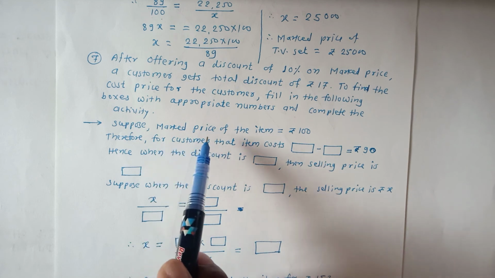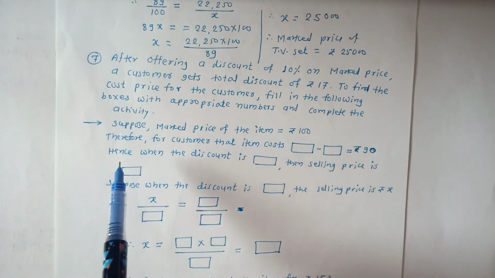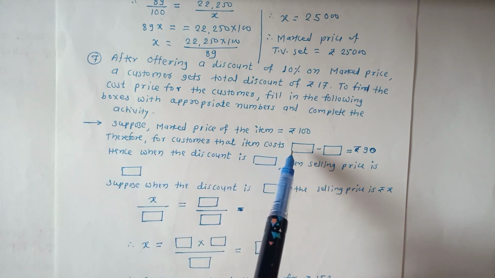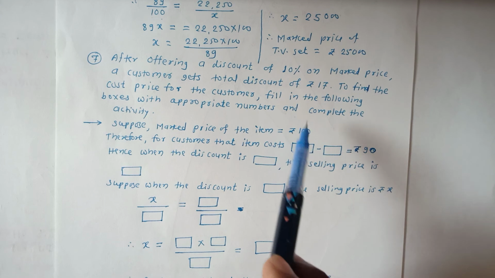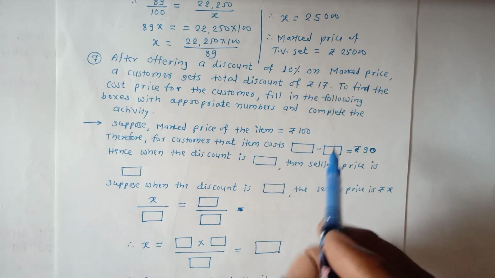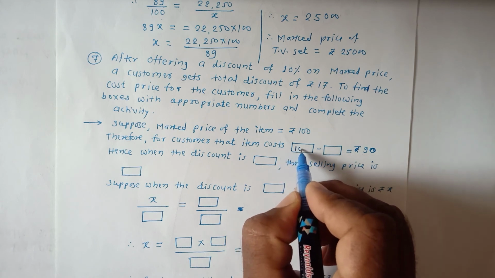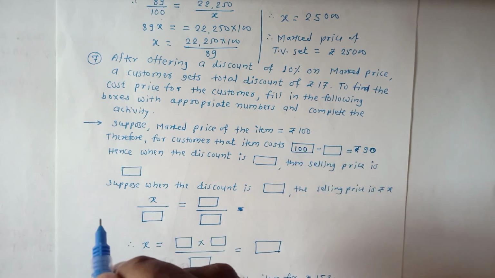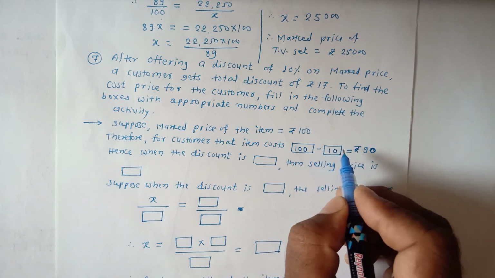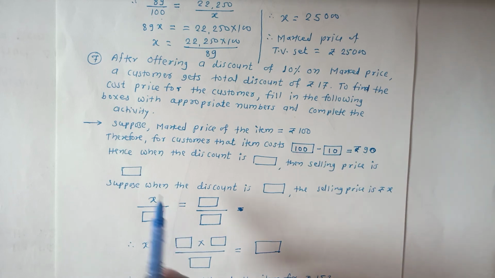Suppose mark price of the item is 100. Therefore for customer that item costs 100 rupees, 10 is a discount. Therefore for customer the item costs 100, that is mark price, minus discount 10, so it will be rupees 90.